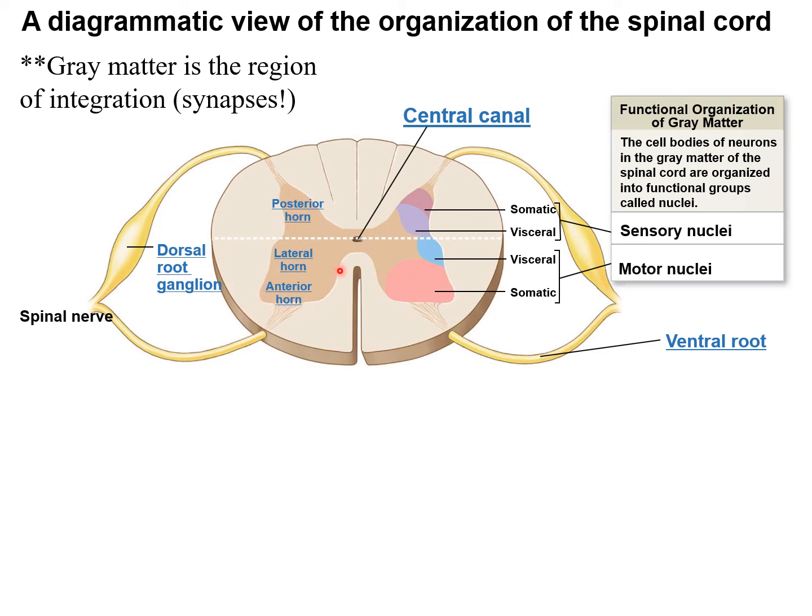This front part of the little butterfly shape of gray matter, and finally sticking out to the sides, only in certain places of the spinal cord, are the lateral horns. Right? I say only in certain places of the spinal cord because if there isn't a lot of visceral information coming in, that is, if you're not carrying information about the heart or the lungs or the stomach or whatever, there is not a lot of gray matter in this area.